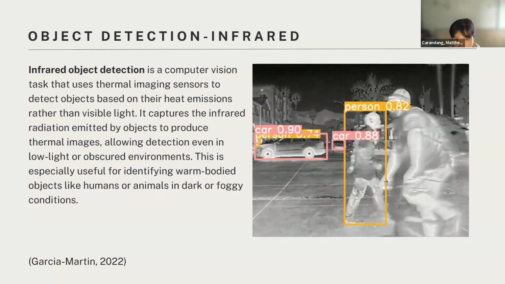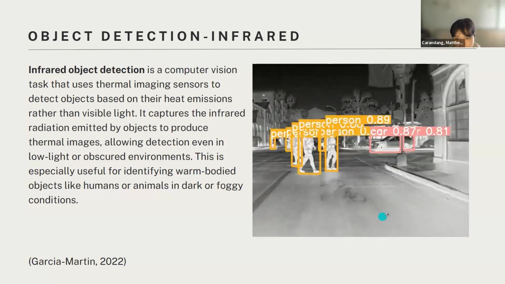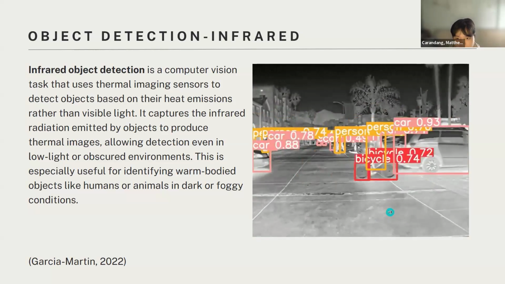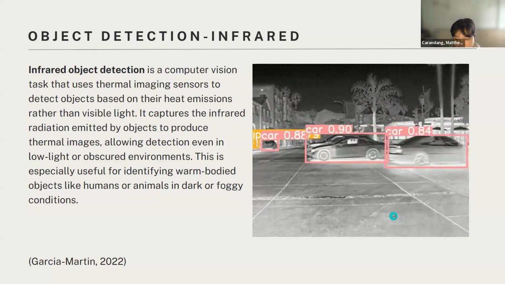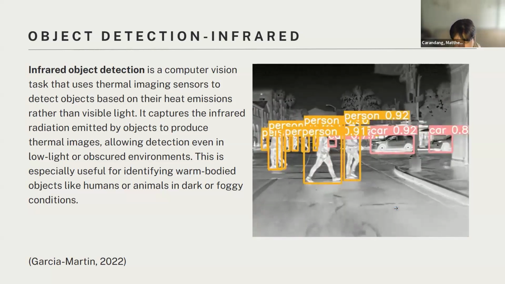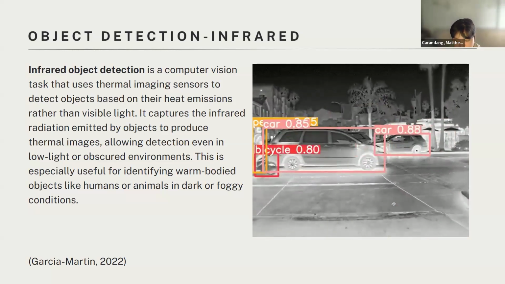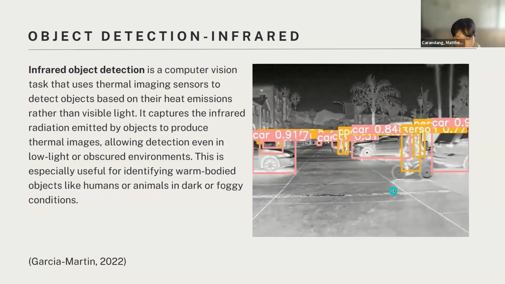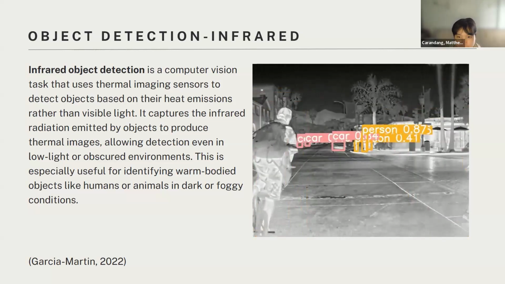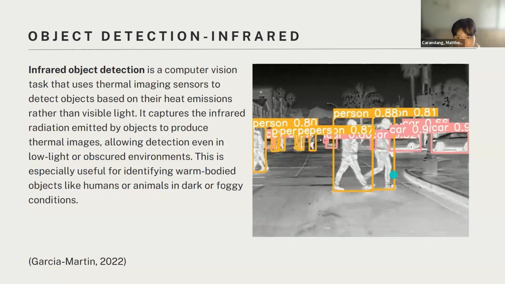This can also be defined as thermal cameras, which are all in grayscale. Models trained on IR or infrared data can detect humans, animals, or machines solely by their heat.